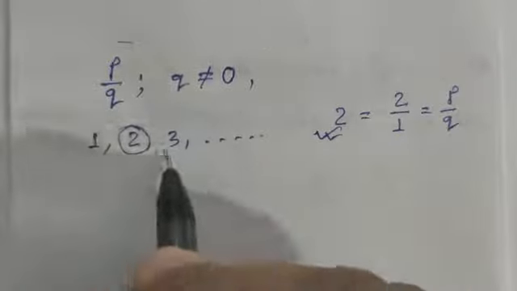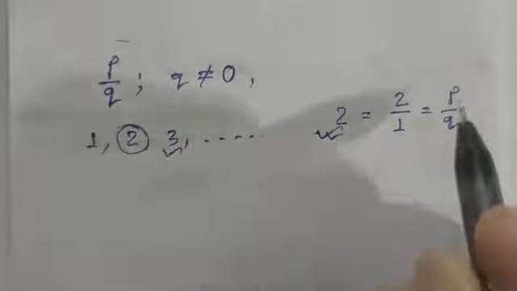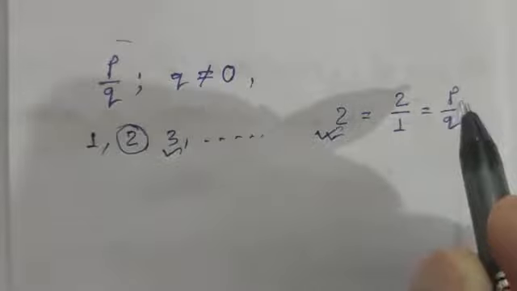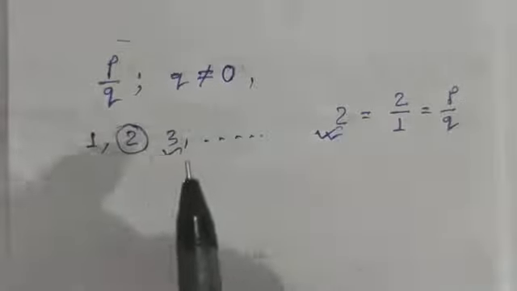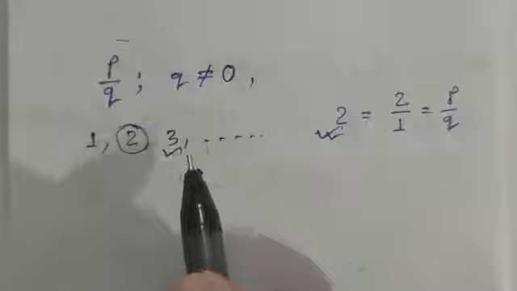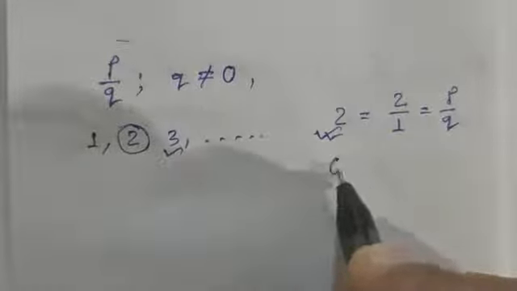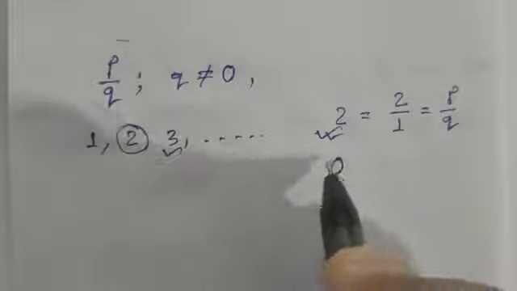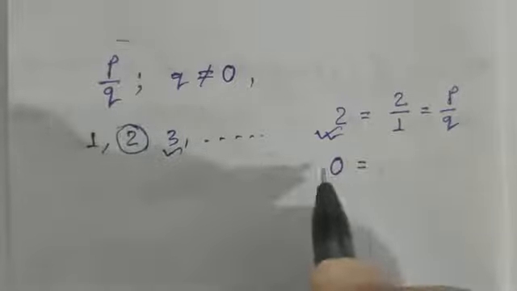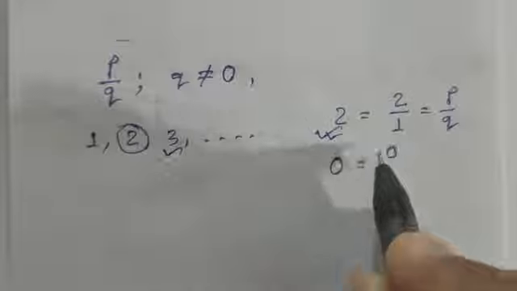And the same in the case of 3. 3 can be written in the form 3 by 1, that means p by q, so it is also a rational number. Even 0 is a rational number because 0 can be written in the form p by q. You know that 0 by anything is 0.